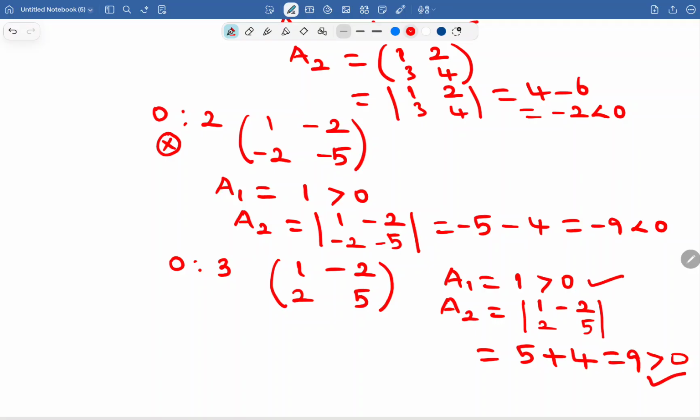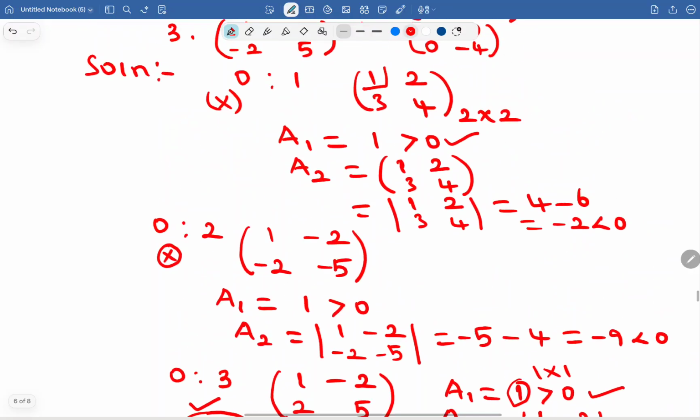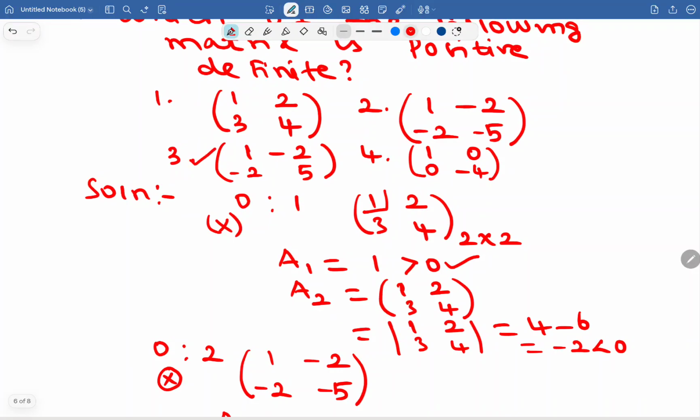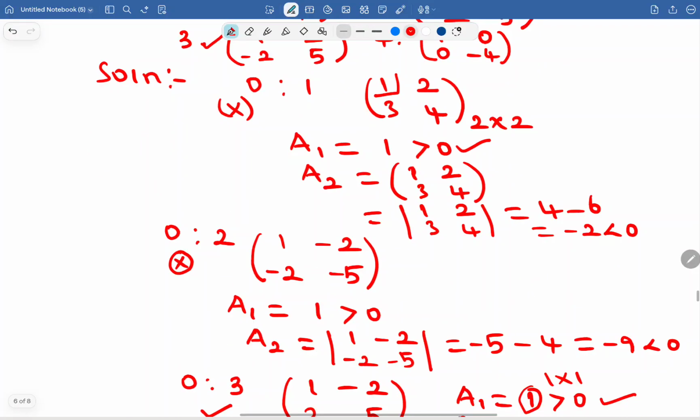Both A1 and A2 are greater than 0. A1 means I am taking the 1 cross 1, A2 means I am taking the 2 cross 2 full matrix. A1 positive, A2 positive, so option 3 is positive definite. For this problem, the third one is the correct one.